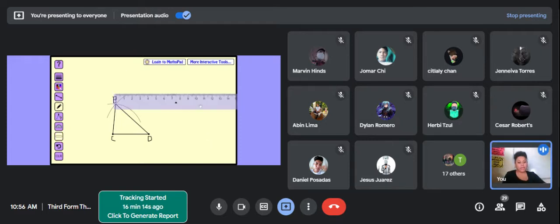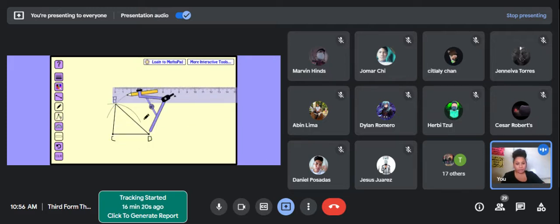Now what you're going to be doing is that you're going to take your compass and your ruler. Set your compass at 0 and open it to 4.5.